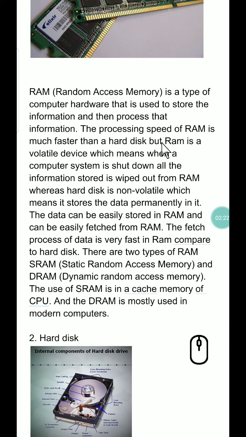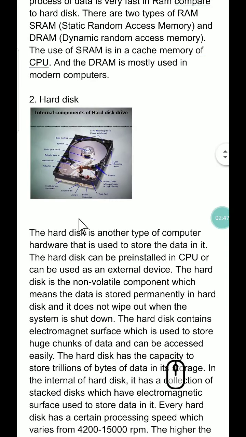RAM is a volatile device, which means that if the computer system shuts down, all the information stored is wiped out from the RAM. Meaning the information stored on the RAM is not permanent.